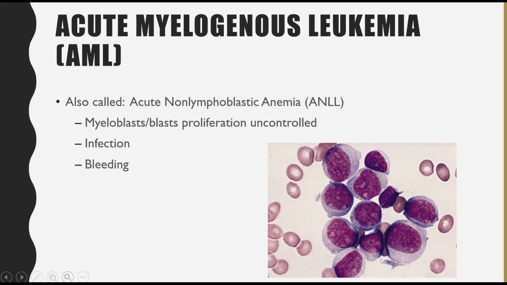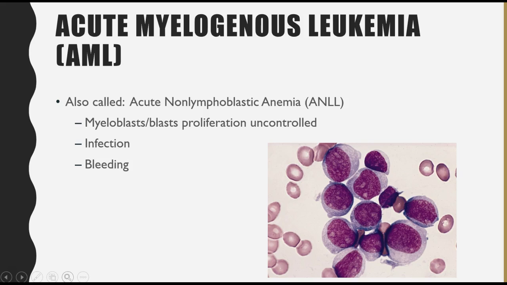Acute myelogenous leukemia, or AML, is also called acute non-lymphoblastic anemia, so you might hear that. AML makes up approximately 80% of all acute leukemias in adults, and the incidence is more common in adults over the age of 60.